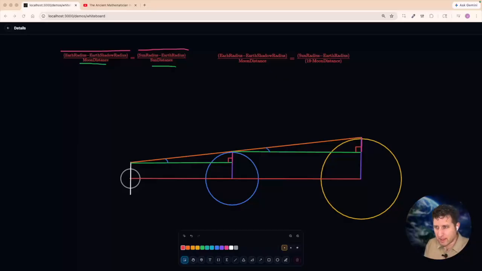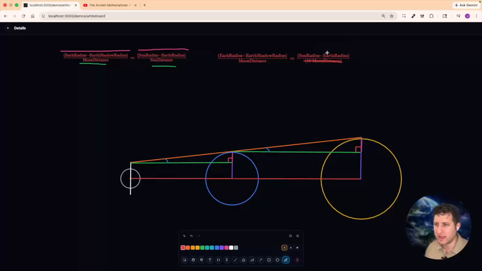So the next thing Aristarchus can do, or that we can do, is multiply both sides by 19 moon distances. If we do that on the right-hand side, then we'll be able to cross out this moon distance, right?